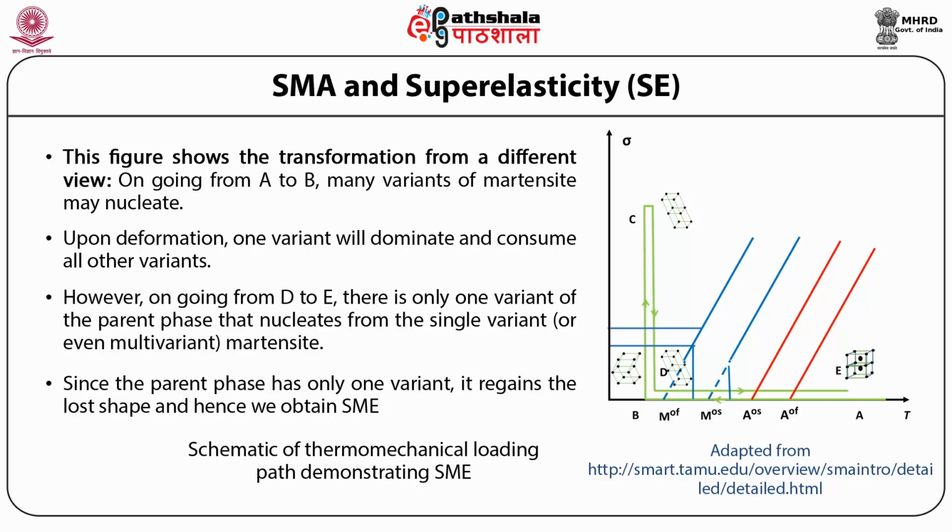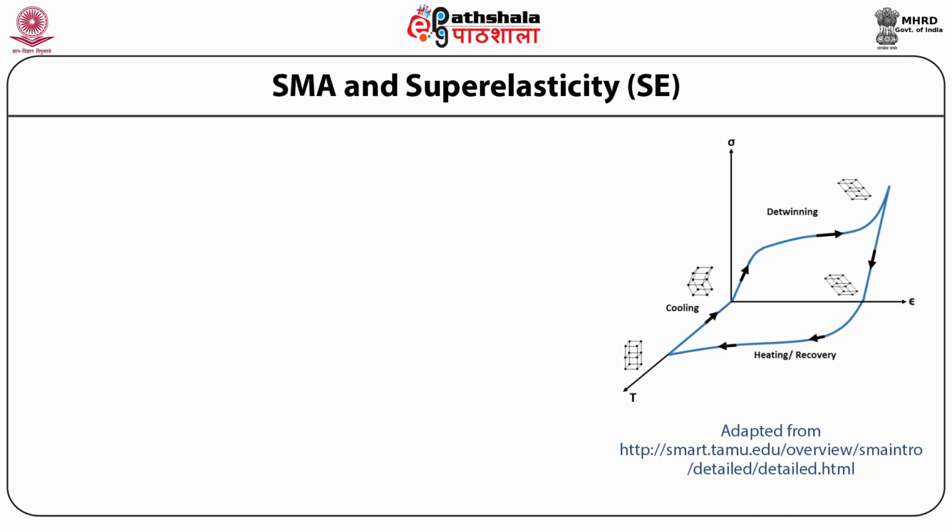So the bottom line is that since the parent phase has only one variant and the martensite phase has several variants, we see shape memory effect, SMA, and superelasticity.